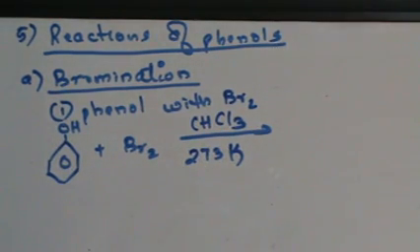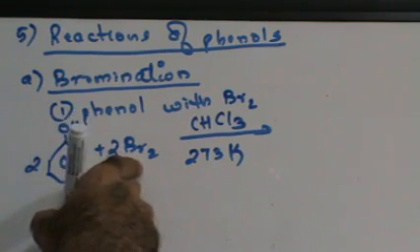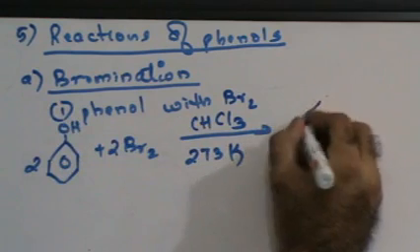Here, in this case, you have two bromine, so you will require two phenols. One of the phenol will combine with one bromine, the other will combine with the other bromine, and the two H's will be separated out.